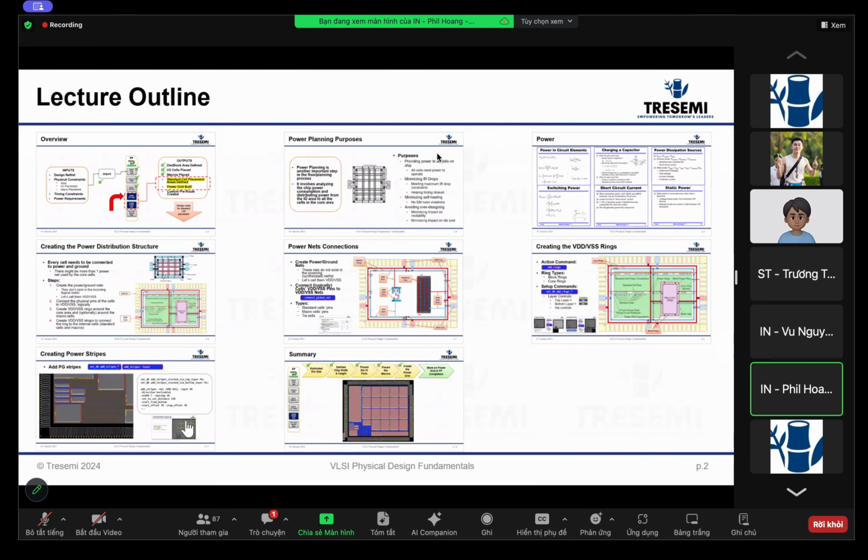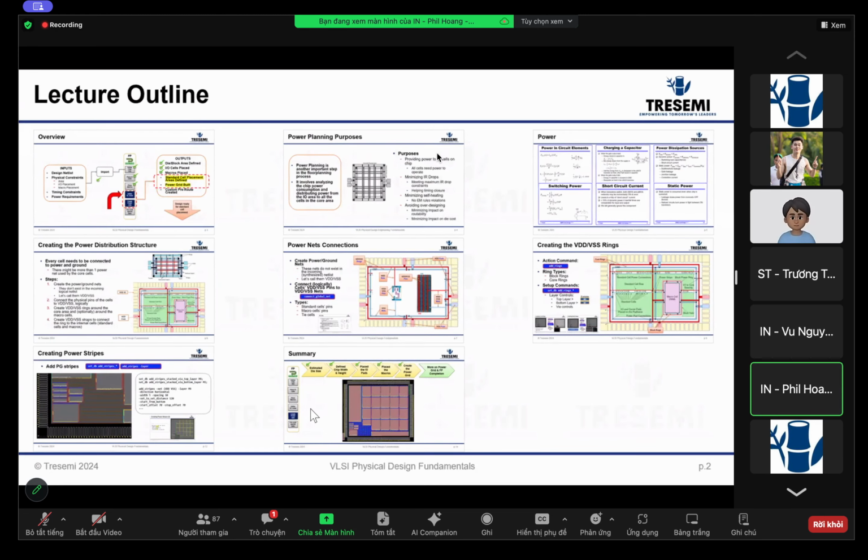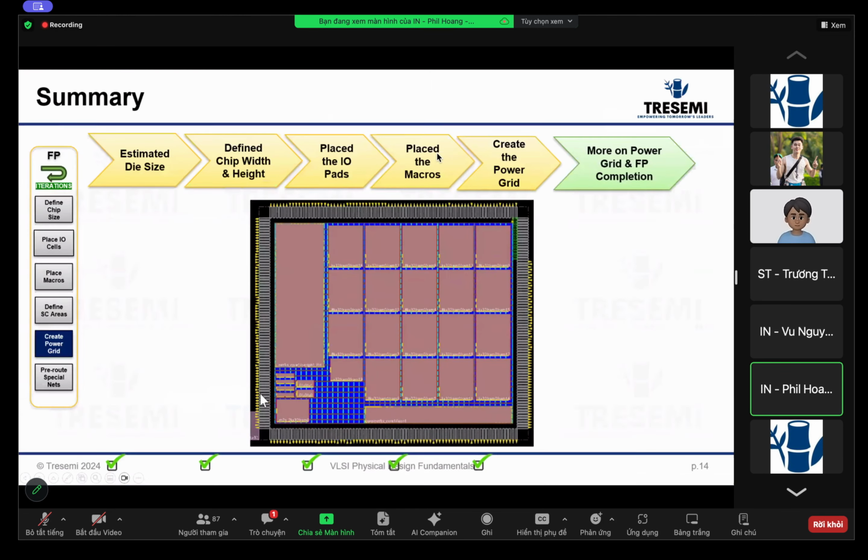And I believe that is all I want to cover for today. So in summary, you go through the steps to create the floor planning database in preparation for the placement step. But like I said, there is more to the power grid.